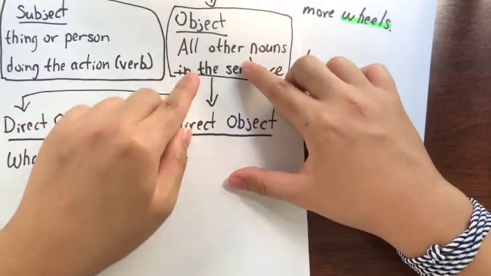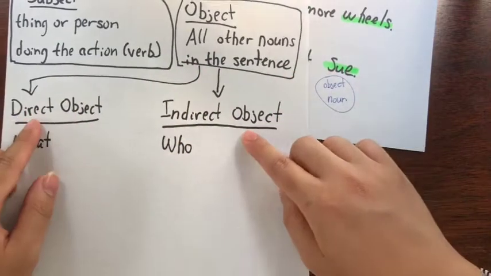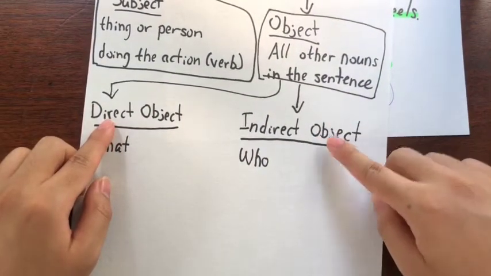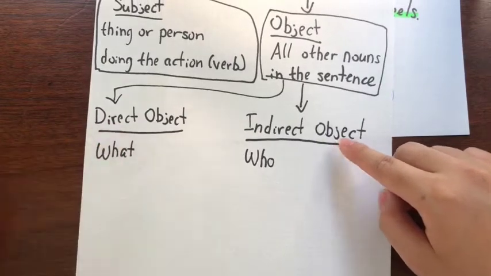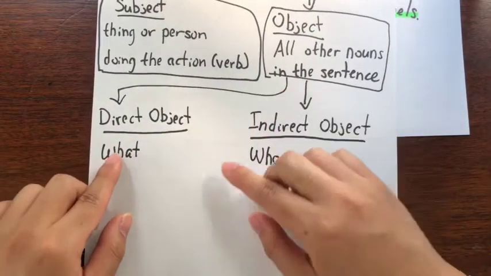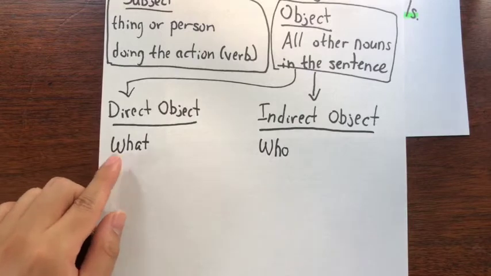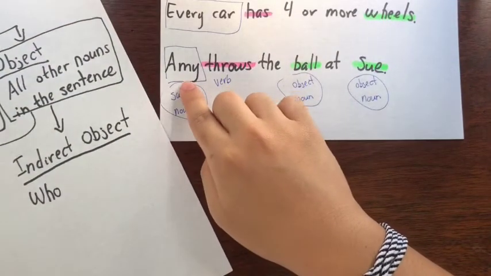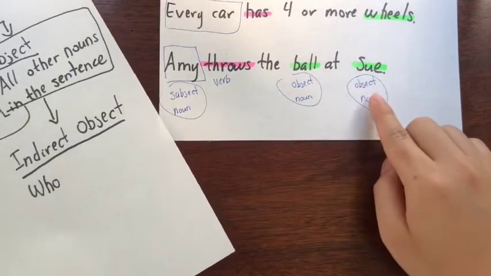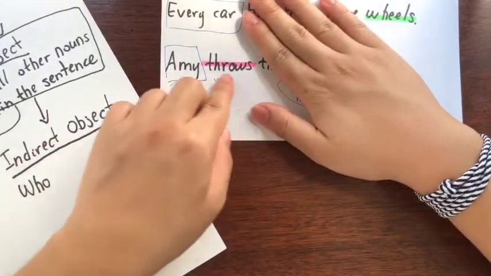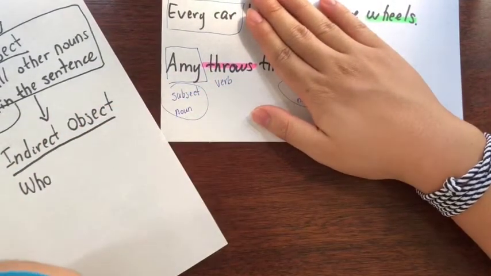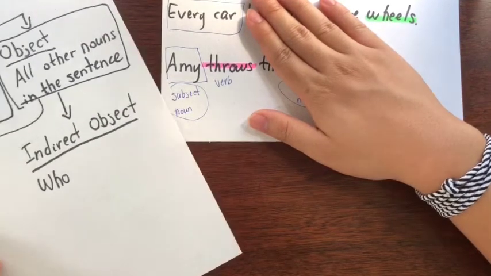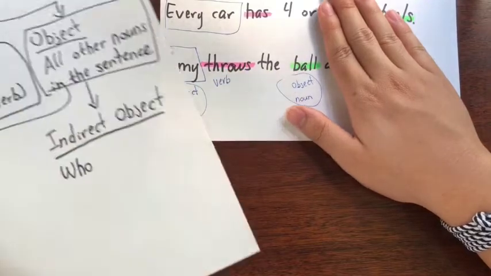Now, in the objects, we have two different groups. We have direct objects and indirect objects. Direct objects are what? They answer the question, what? So the sentence, Amy throws the ball at Sue. We have Amy throws. Okay, she throws. What does she throw? She throws the ball.